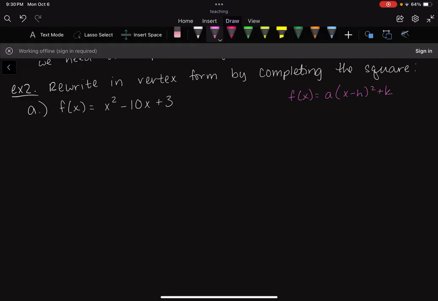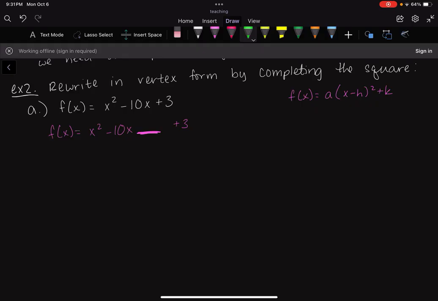So I don't want to move anything to the other side. What I will do is leave a space here, and I do want to add something right there so that I can make this factorable.